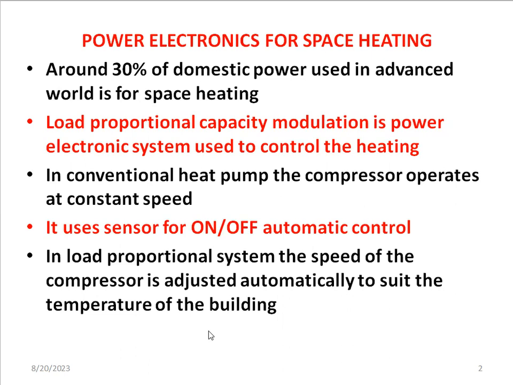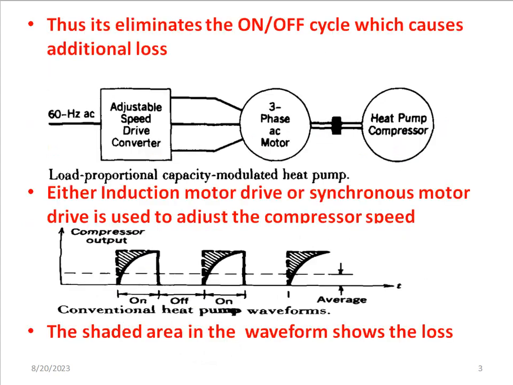It increases the speed whenever the temperature goes below a certain threshold, and it reduces the speed when the temperature goes beyond a certain threshold. In this way, we minimize the power losses incurred in the conventional on and off switching system.